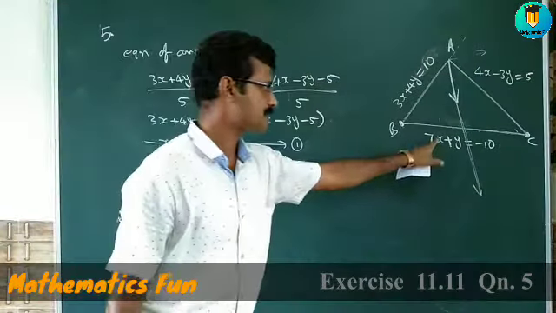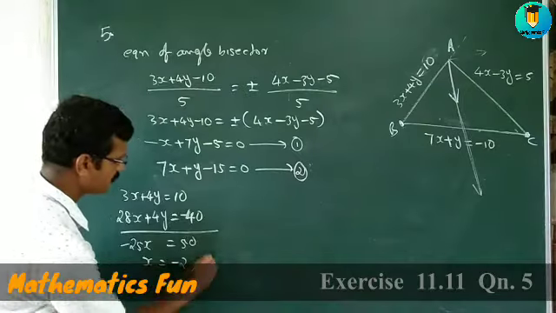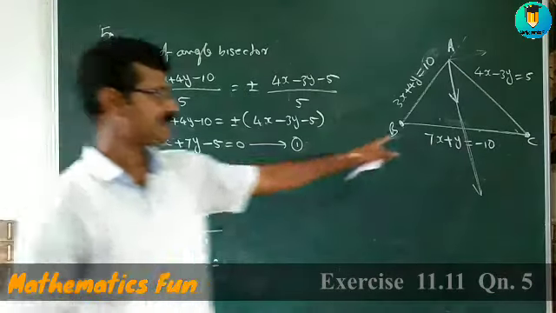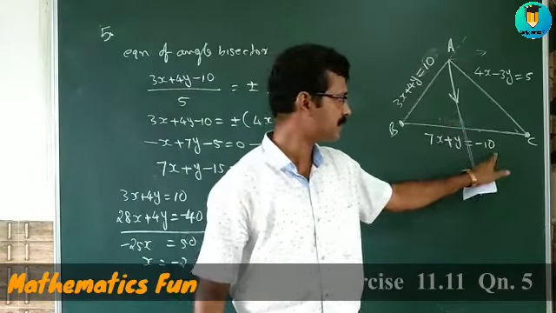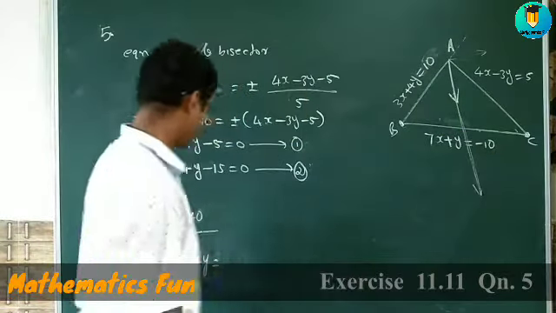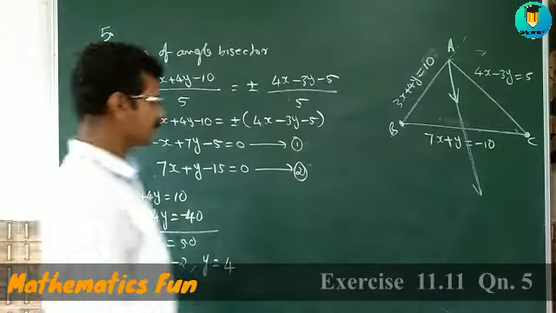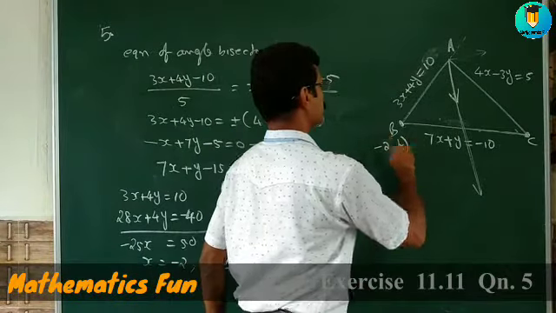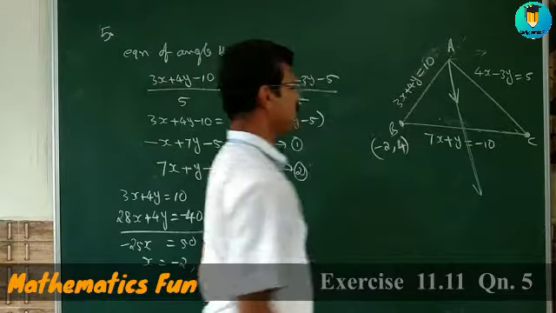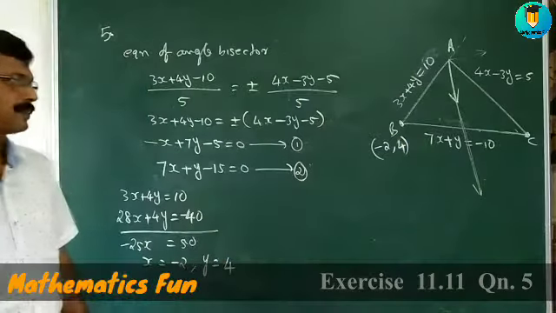If x is minus 2, the value of y: minus 14 to this side plus 14, so 4 will come, y is equal to 4. That means I get the point minus 2 comma 4.